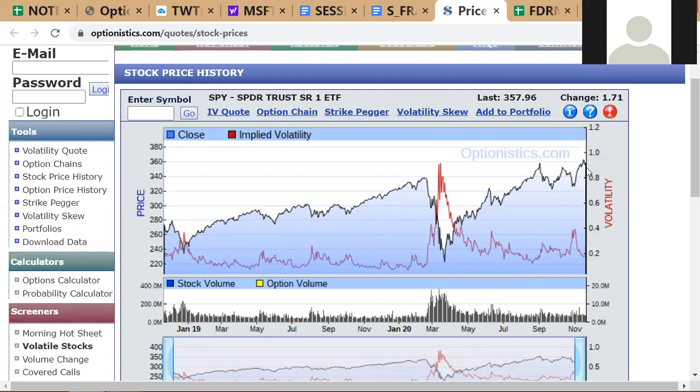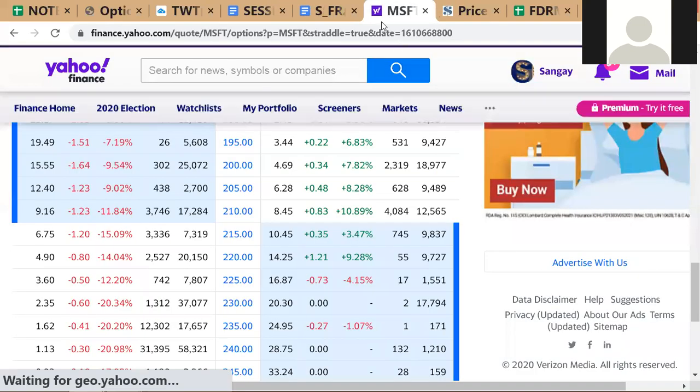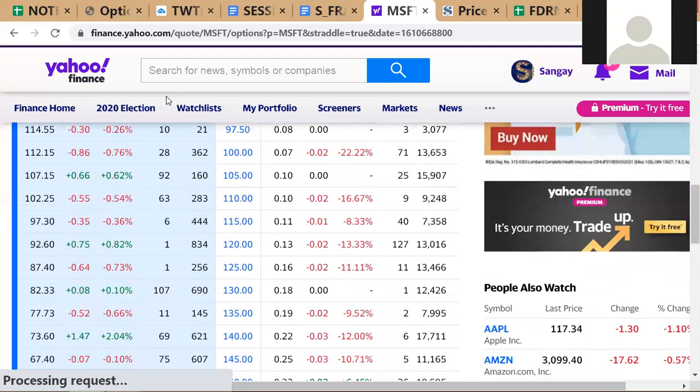If you have a view that this is going to go up sharply, say right now the SPY is around 358 and you feel it is going to around 400, that will drive your choice of strike. Now this is actually MSFT.